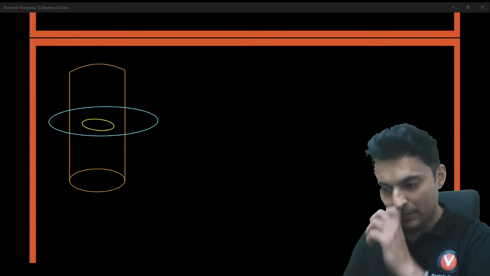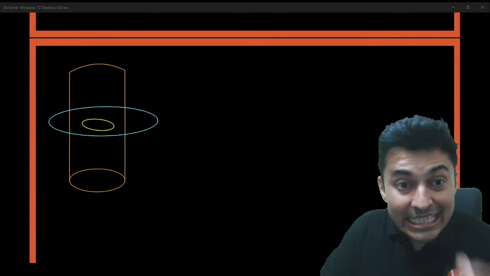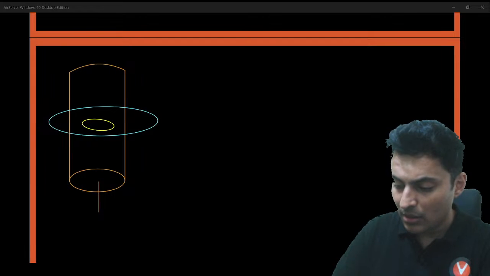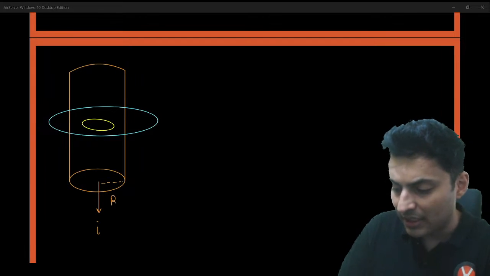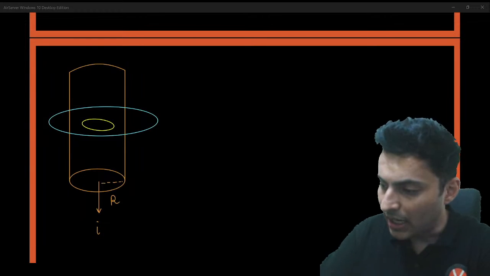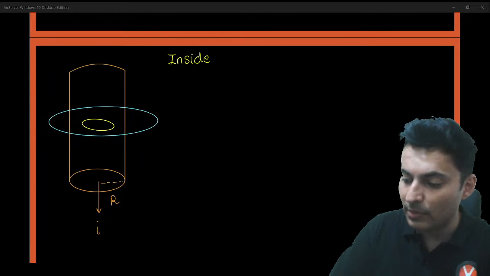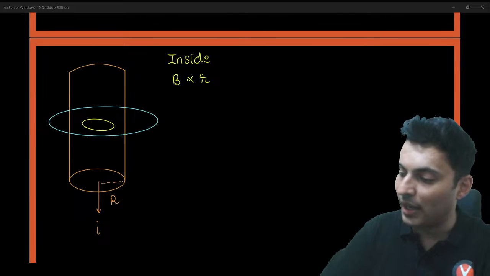Done. That's done. Okay. So when you are inside a wire carrying current, this is a wire which carries some current, and the wire has some thickness, so it will have some radius. And when you are inside, remember one thing, the magnetic field is proportional to r.